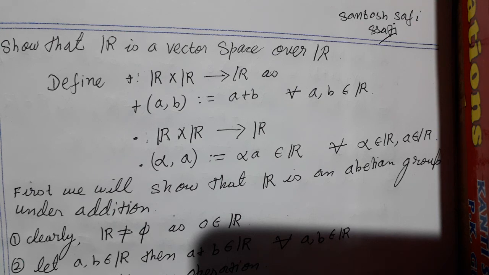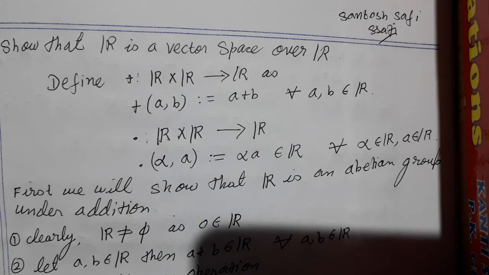And for the scalar multiplication, I'm taking the field also as real numbers. So real number cross real number goes to real number. The scalars here I'm taking as alpha, and the vector here I'm taking as a from the real numbers, but both are real numbers, so alpha times a will also be a real number. So we are defining it in this way.